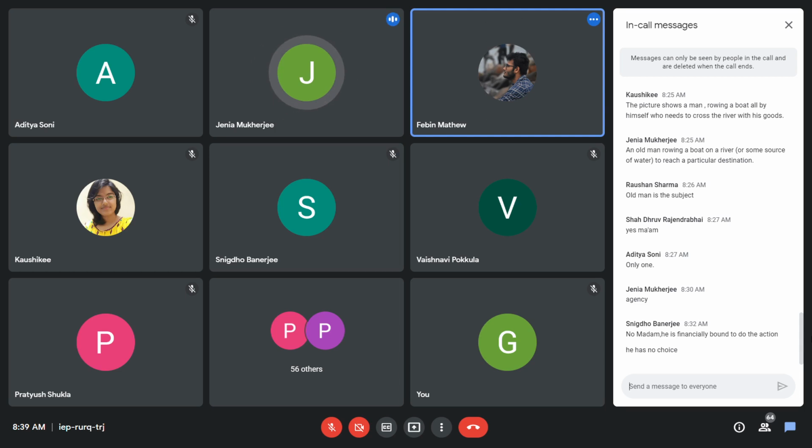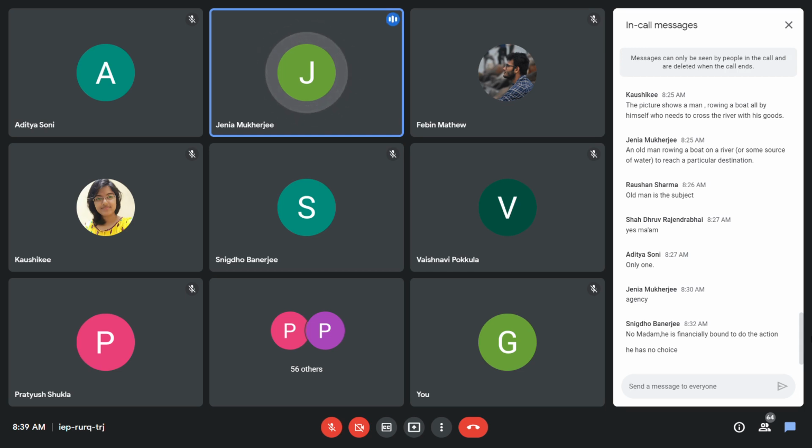Right, and also I think the source of the water and the place where this activity is taking place, all these factors and variables would be important in terms of what kind of boat will be required. So the materials of the boat or the shape of the boat should also be determined by the source of water in which the boat is being rowed, the geography of the place, the current in the river, or the type of the water body.